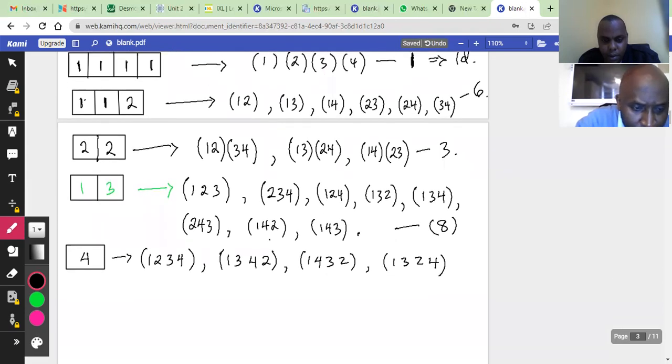Okay, I think we finish with the ones. So 2 goes to 1, 1 goes to 3, 3 goes to 4.